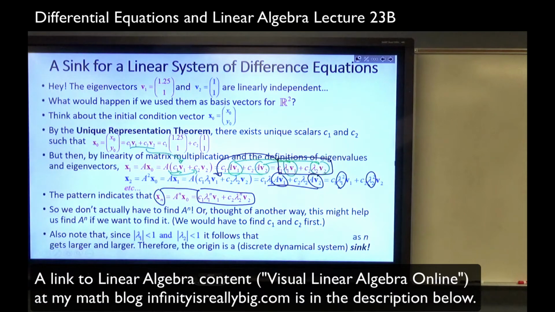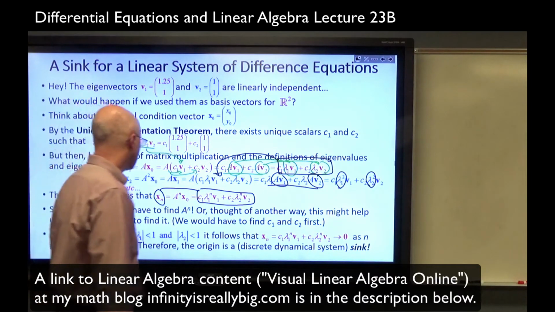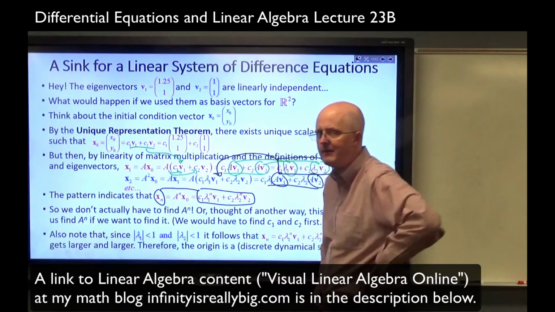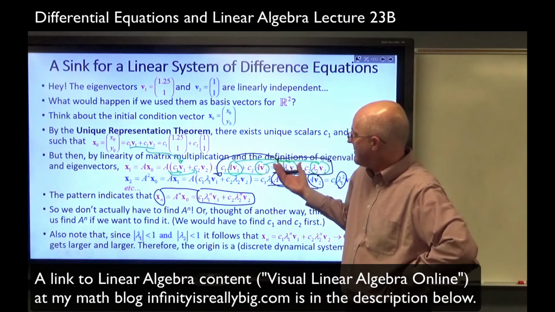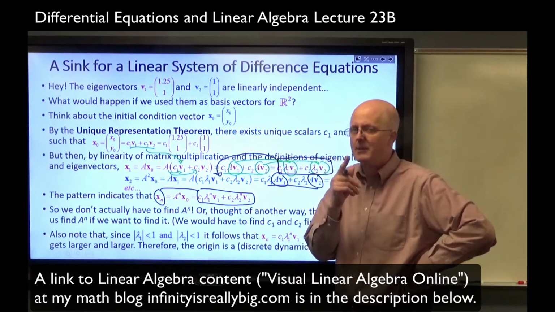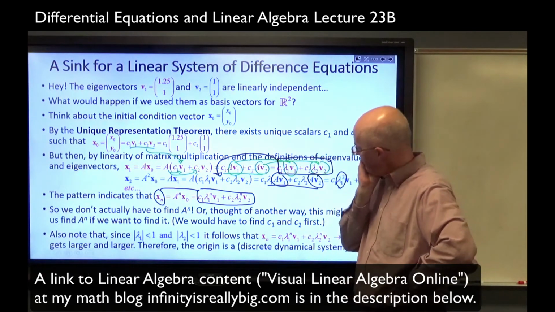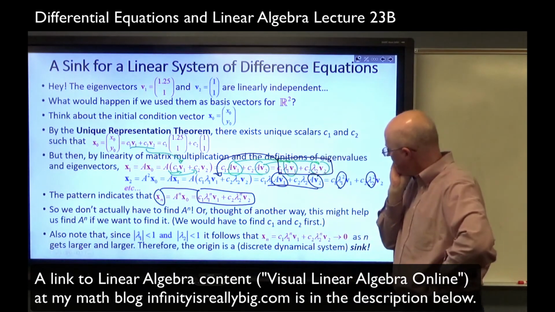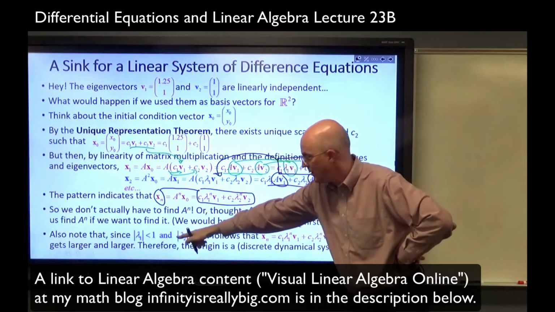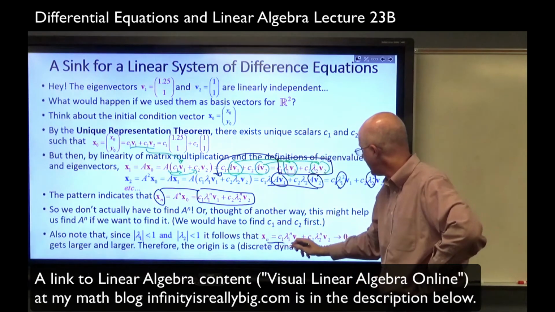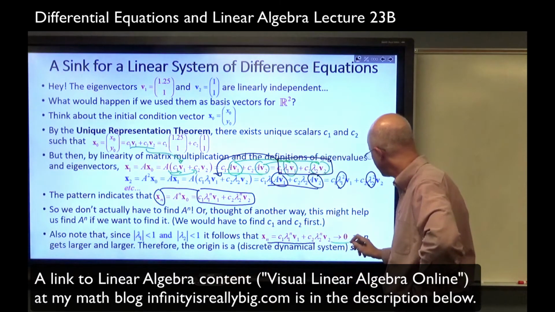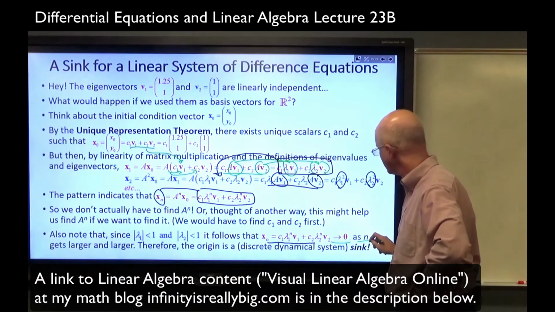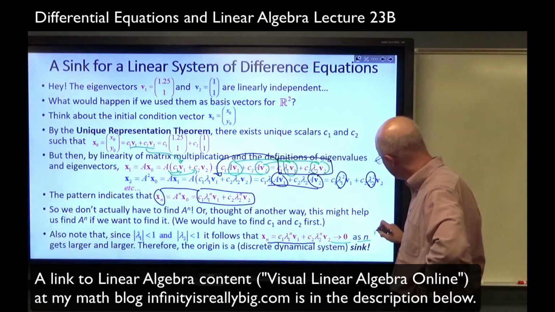Also note that since lambda 1 and lambda 2 here are less than 1 in absolute value, and in our example, 0.8 and 0.9, I don't need the absolute value signs there, but I do want to keep them there. Because that being true will imply that this vector approaches the 0 vector as n gets larger and larger, as n goes to infinity.